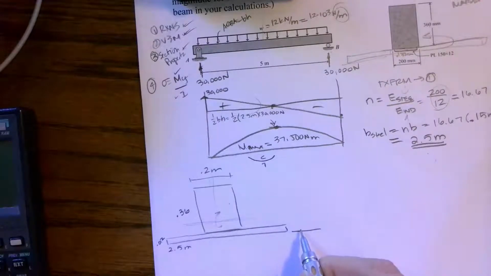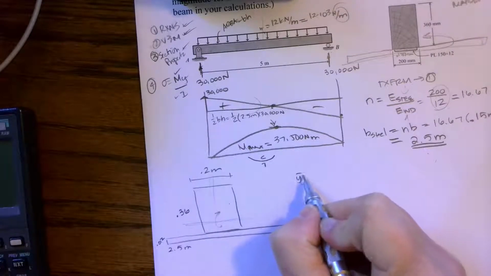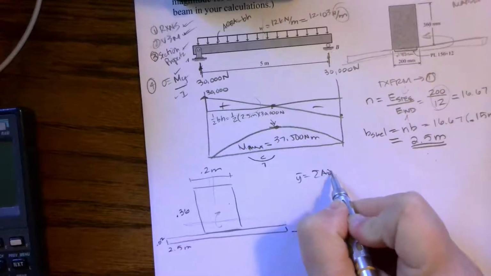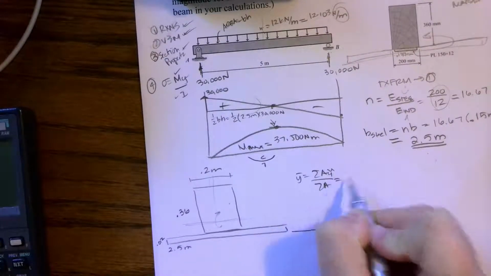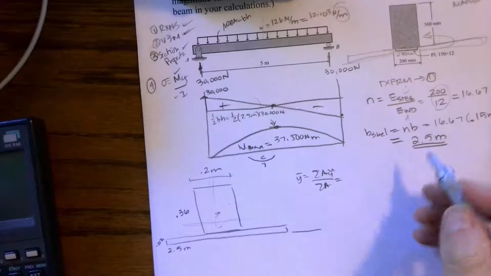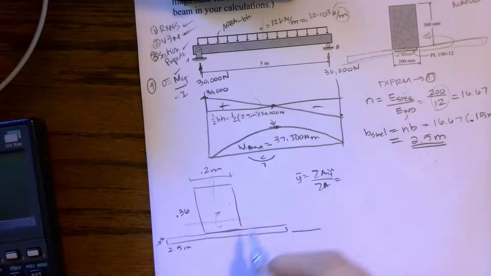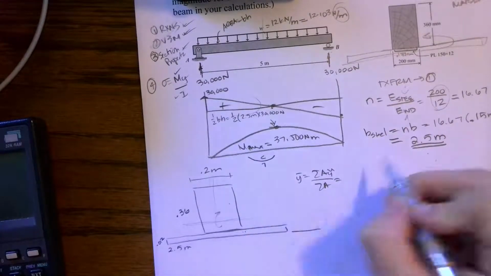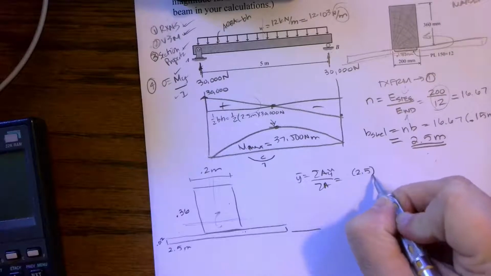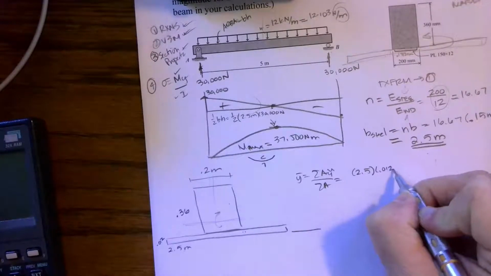So let's start at the bottom, and y bar equals the sum of A y tildes over the sum of A's. And if you're struggling with this, you need to go back and watch a statics video. I'm going to start at the bottom. So my area is 2.5 meters times 0.012 meters.